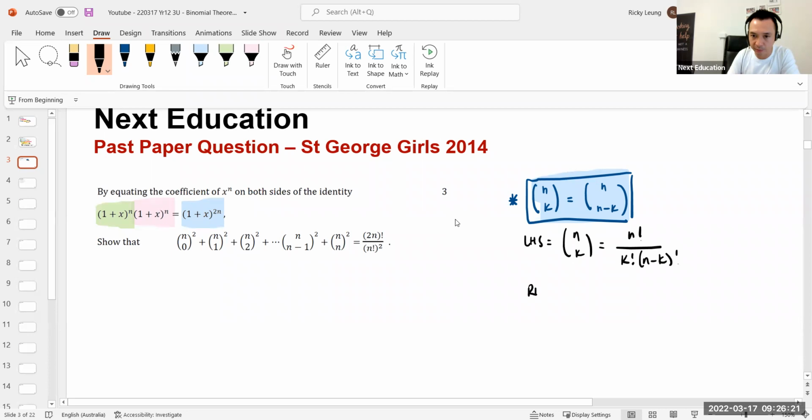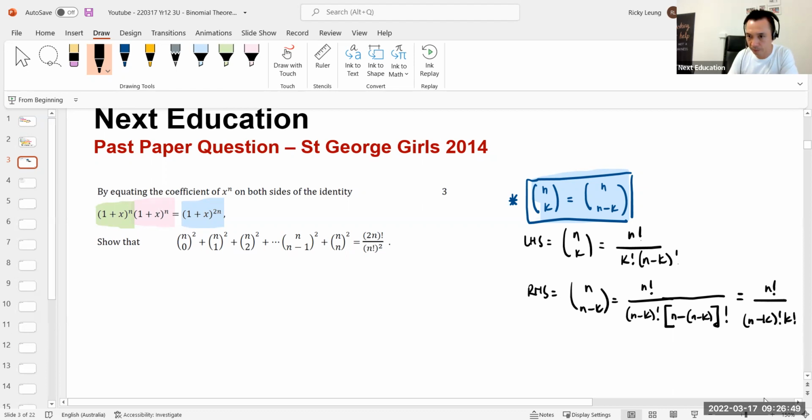And then the right-hand side is going to be n factorial on top, n minus k factorial and k factorial on the bottom. And this just needs a little bit of work, top minus bottom factorial. And guys, hopefully you're all okay that the n minus k, n's cancel out, that's just k factorial. With that, that's just the left-hand side, right? So therefore, done. Yeah, so that's the thing.